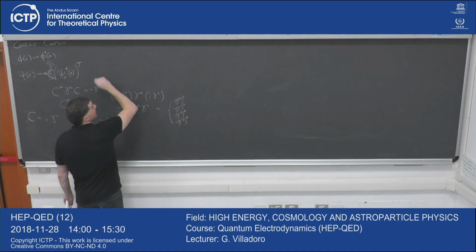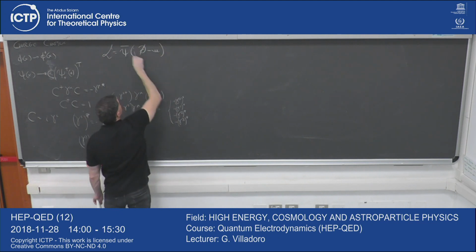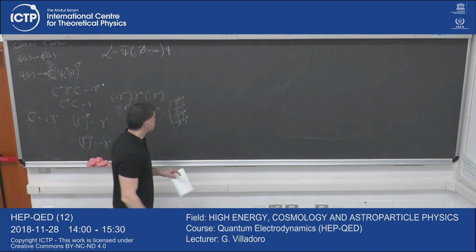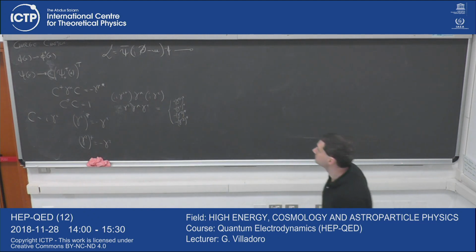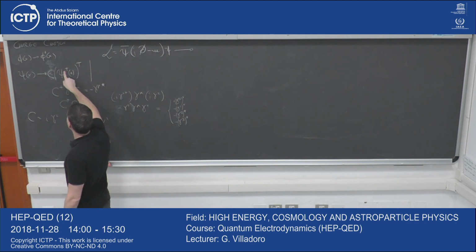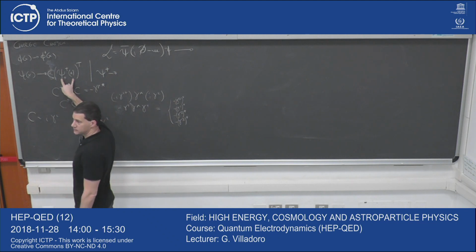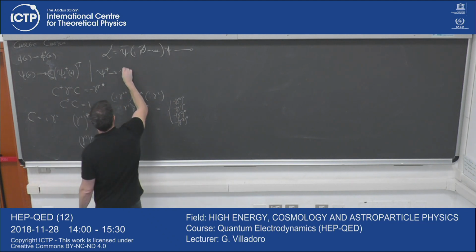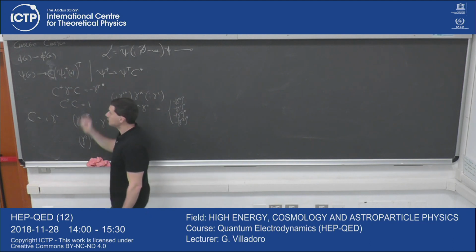So let's see. I start with the usual form of the Lagrangian, and I perform the transformation. So first of all, psi goes into C psi dagger transpose. If I take the dagger, psi dagger goes into the dagger of this, which is psi transpose C dagger.